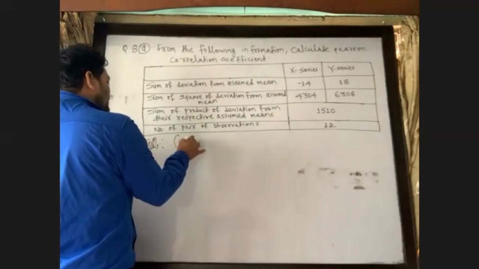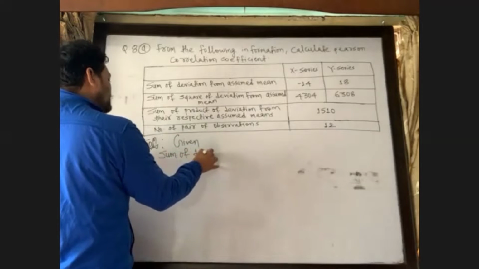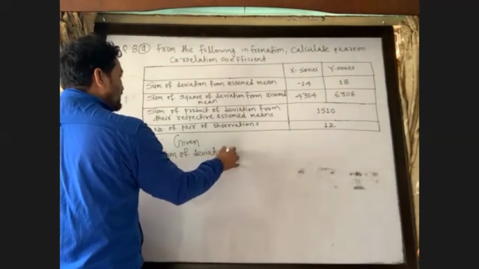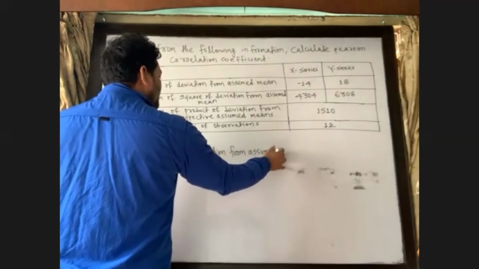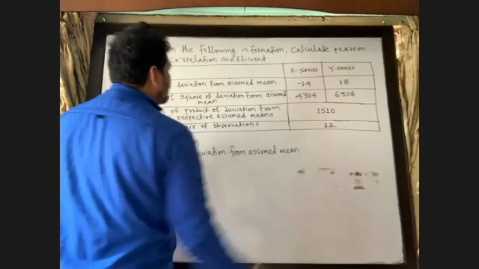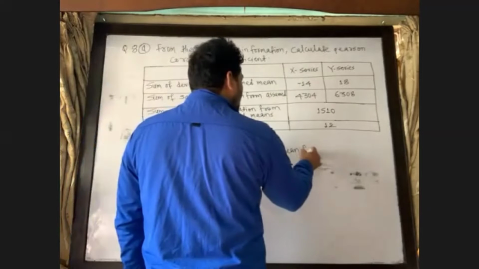We have to understand what the given things are. Sum of deviation from assumed mean for X series.